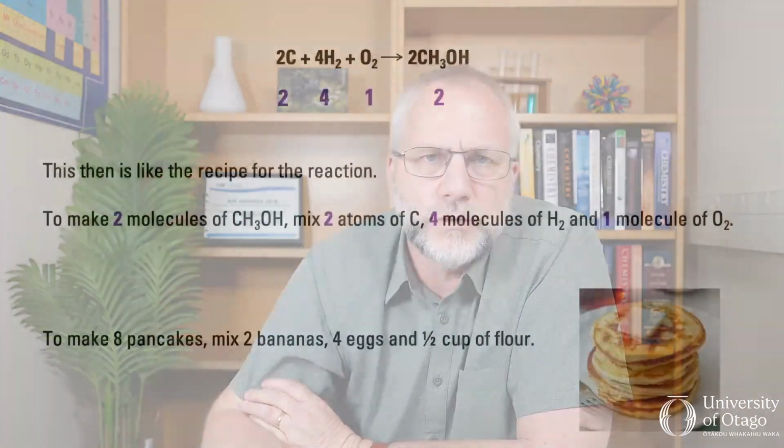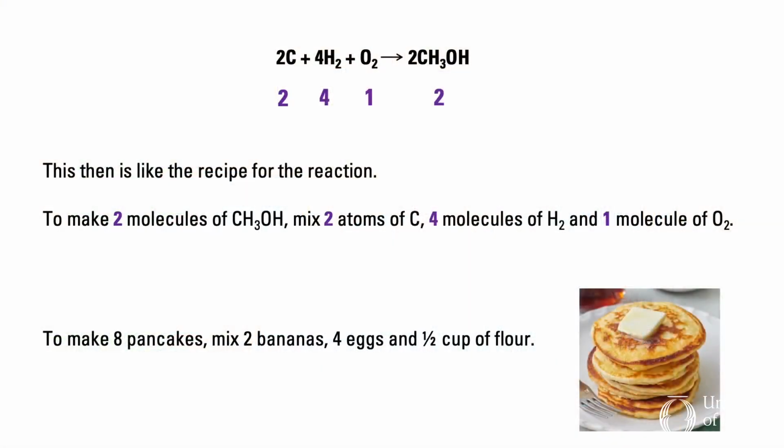Those big numbers tell you about the ratios in which each of the reactants and products appear in our balanced chemical equation. It's the same idea as when we had our 8 pancakes. To make 8 pancakes, you needed 2 bananas and 4 eggs. The 2 for the 2 bananas is a stoichiometric coefficient, and the 4 for the 4 eggs is a stoichiometric coefficient.